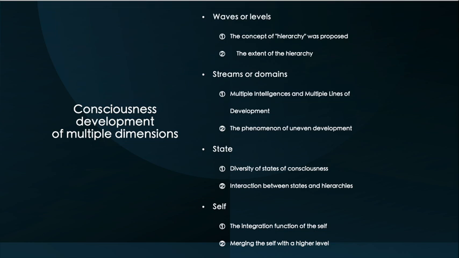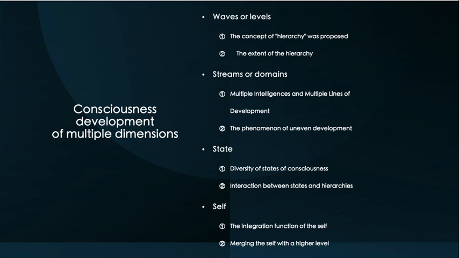Now let's move to streams or domains, which means the lines and streams. Wilber mentions that the development of human consciousness not only shows hierarchical fluctuation at the overall level, but also develops separately in different functional fields.